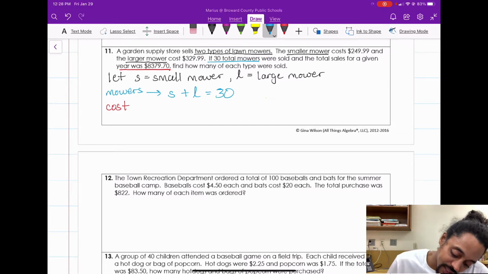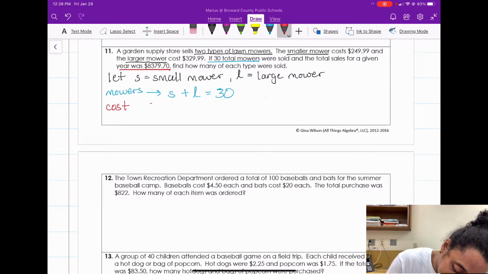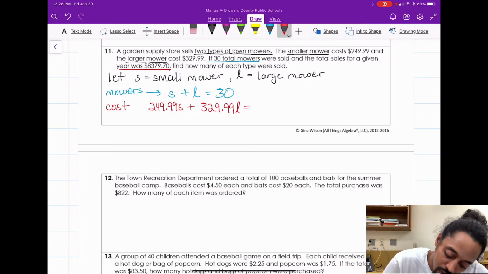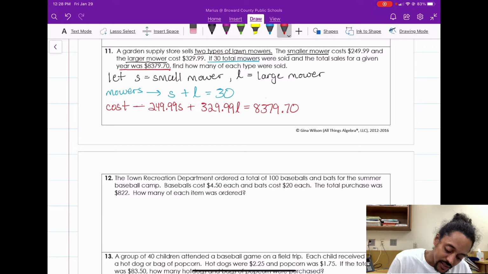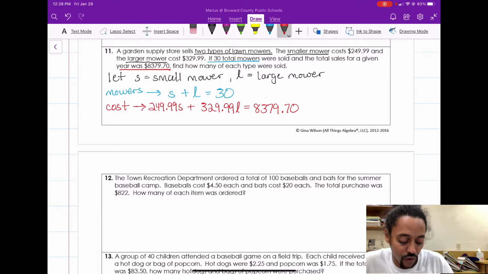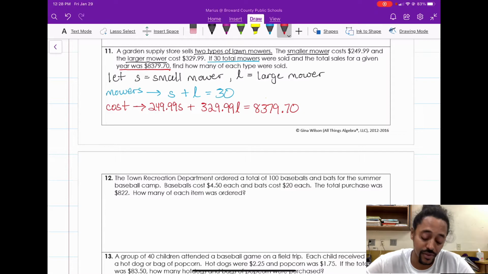For cost, they tell us that the small mowers cost $249.99, so 249.99S plus the large mower costs $329.99 per each large mower, and they made a total of $8,379.70. And this is how we would write the system of equations for number 11.